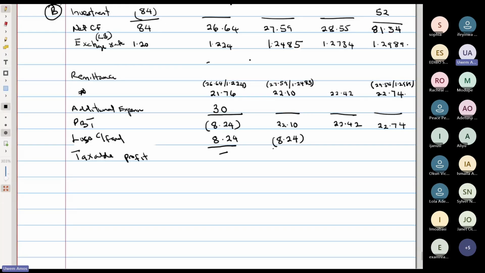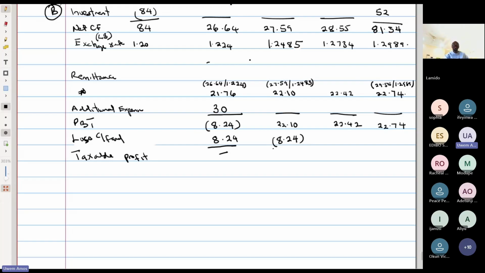And here, what value would that be? 22.10 minus 8.24. What would that be? So that would be 13.86.